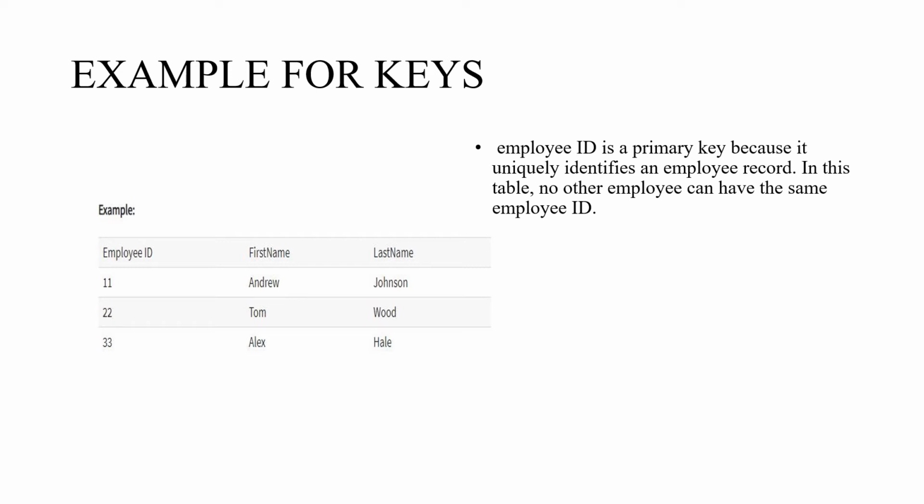So it is used as a key to identify a particular tuple from the table. Tuple means record. Here three records are present. First one is employee ID 11, second is employee ID 22, third record is employee ID 33. So here employee ID is a unique value. It is set as a key to find particular information related to that employee. You understood?